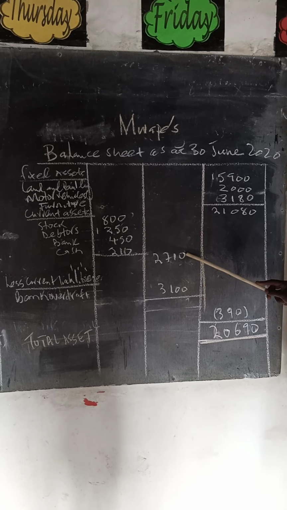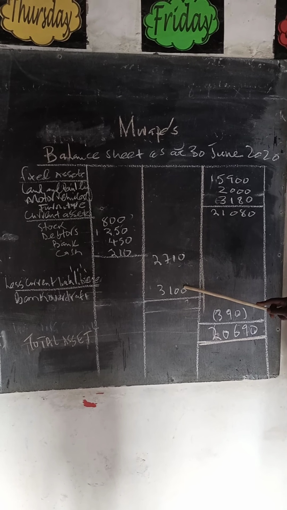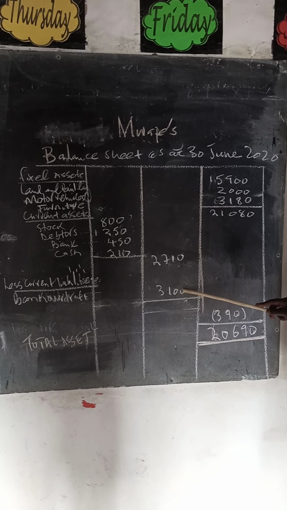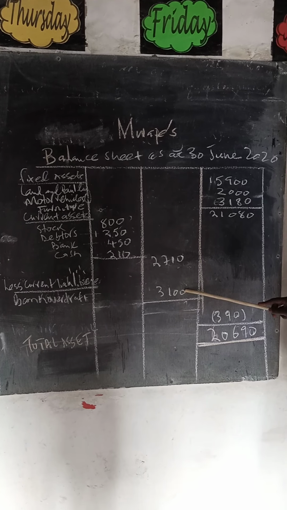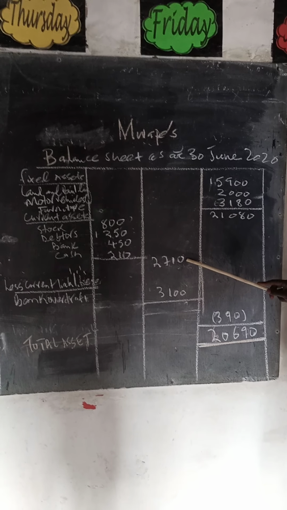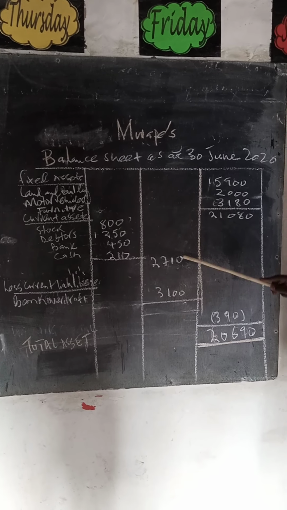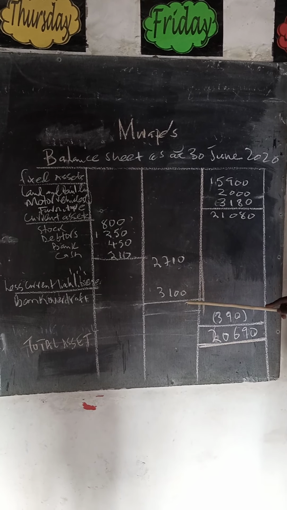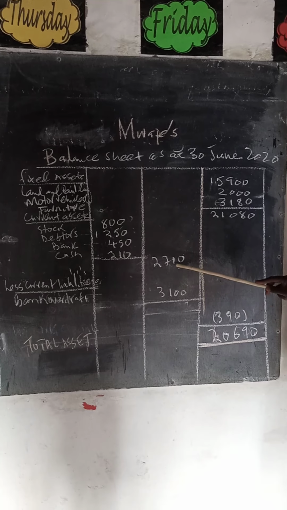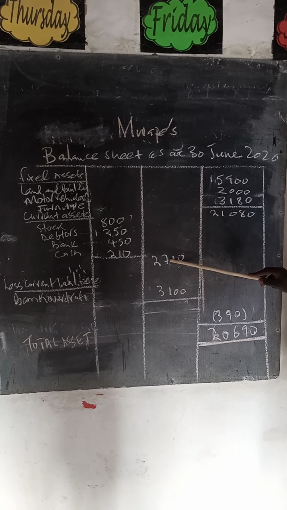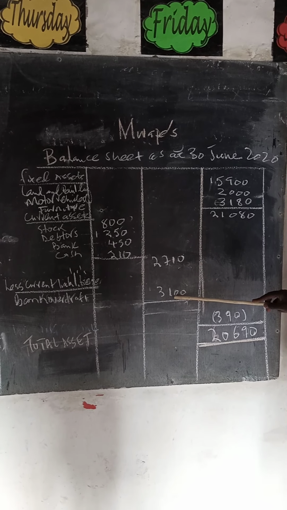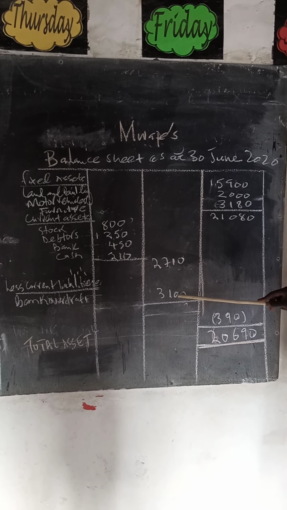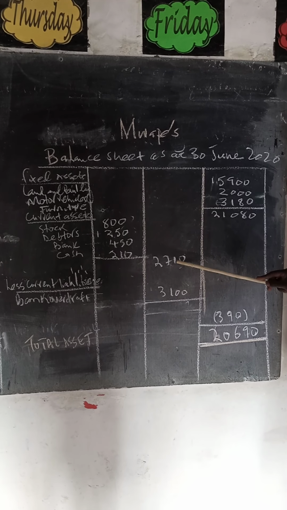So when you look at the total assets and the current liabilities, the current liabilities are more than the total assets. Here there are two ways in which you can calculate to find the working capital. The first one is, since current assets are less than current liabilities, you are going to subtract current liabilities from current assets.